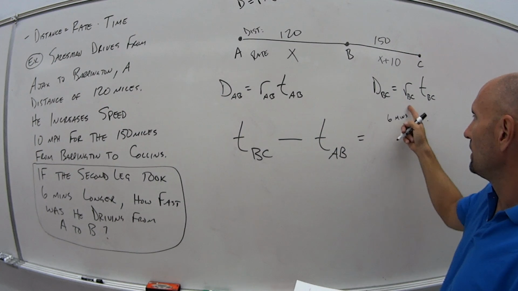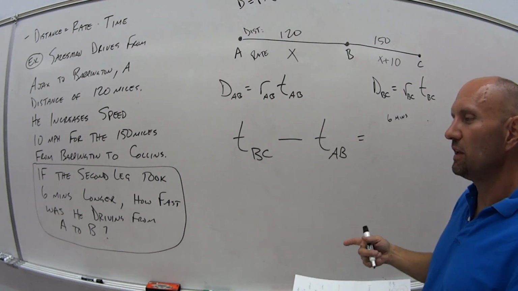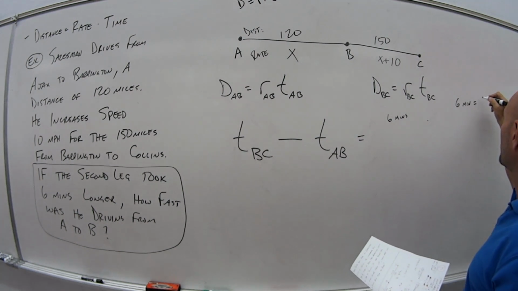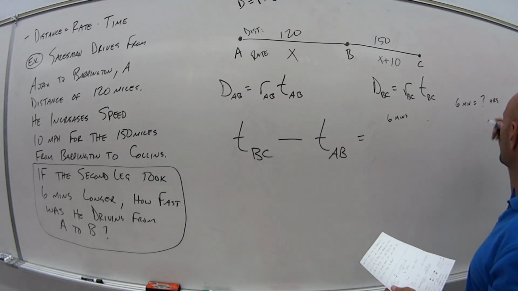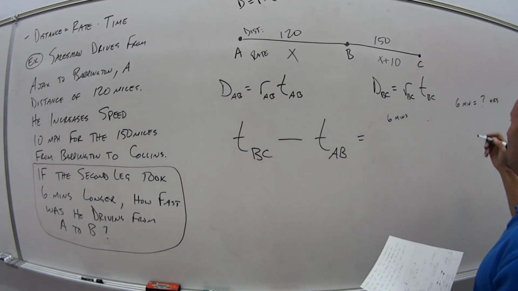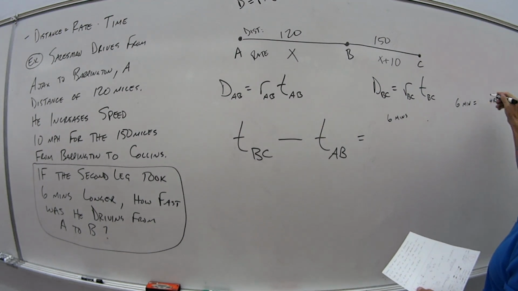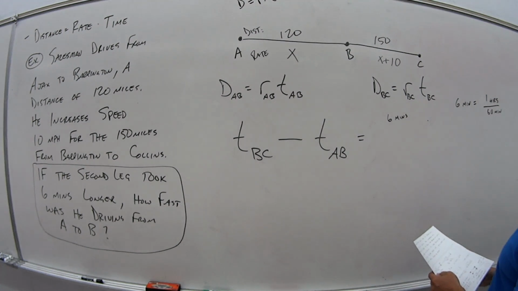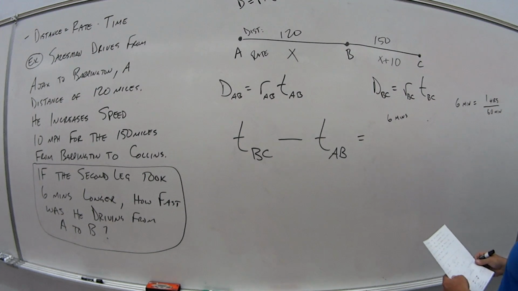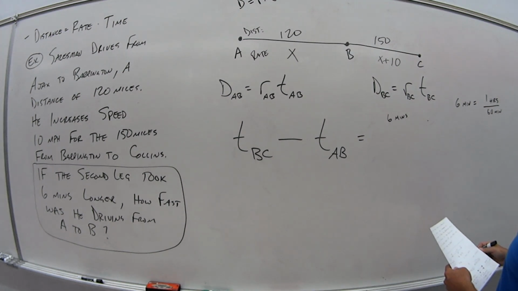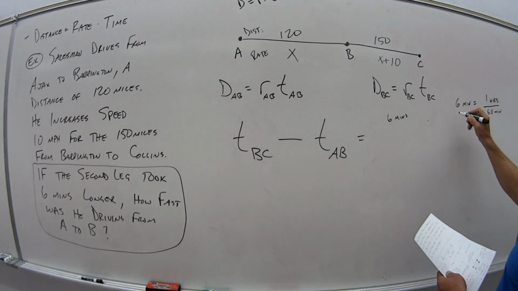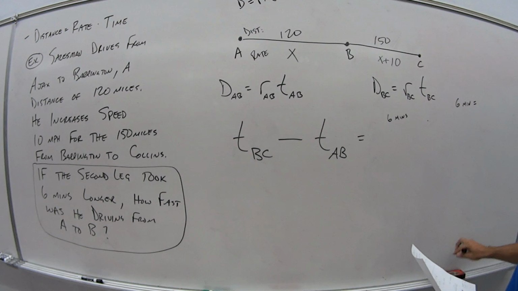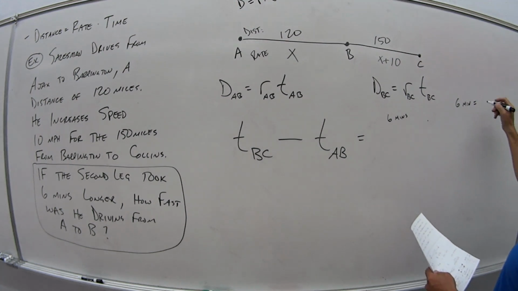So we need to know 6 minutes is equal to how many hours? Well, we know that 1 hour is equal to 60 minutes. So 6 minutes is how many hours?